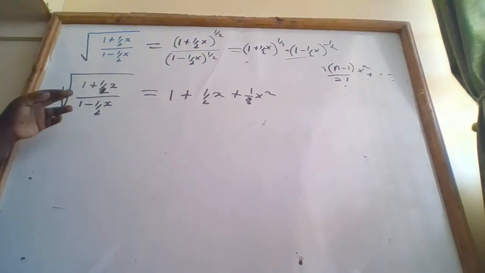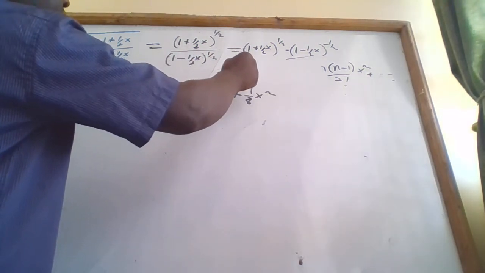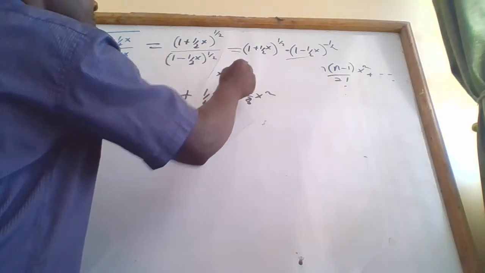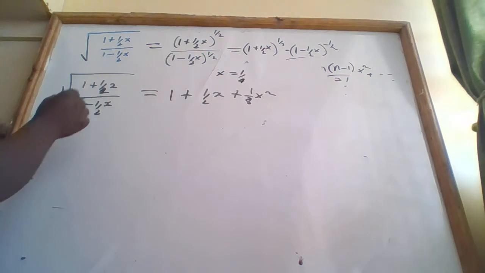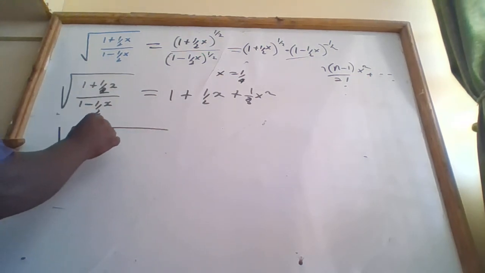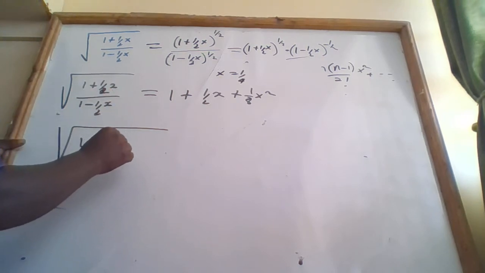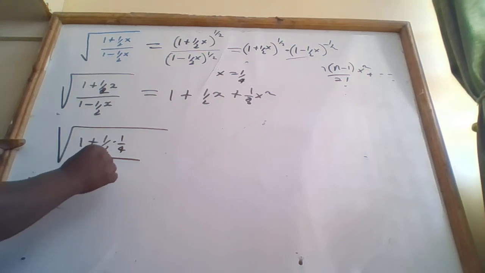So by setting x equals to 1 all over 4, we need to find root 7. Therefore, we have root of 1 plus 1 all over 2 times 1 all over 4, over 1 minus 1 all over 2 times 1 all over 4.